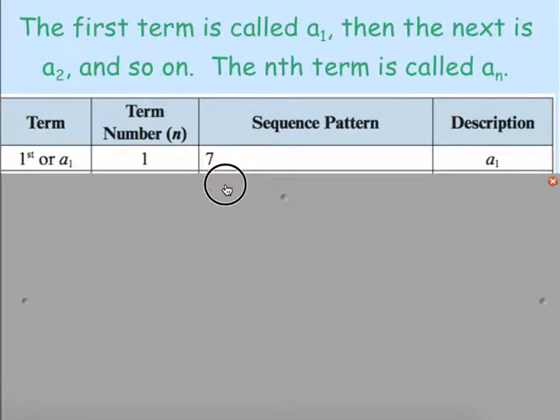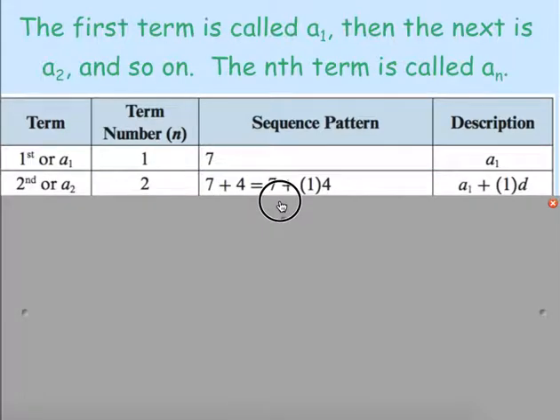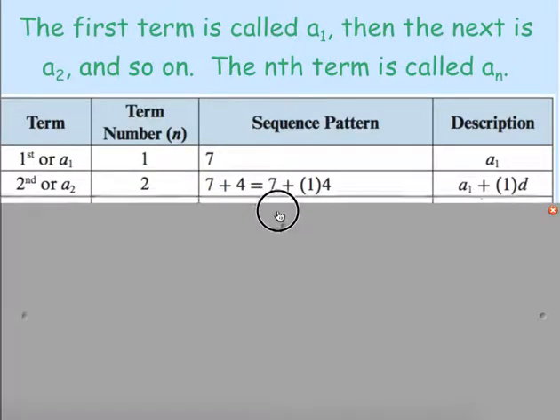So if the first term number is 1, we would say that value is 7, and we just call it a sub 1. For our second term, we add 4. It's a made-up pattern. We're just saying we start with 7 and we add 4 each time. So with our second one, I am adding one 4, my first term plus 1 of our common differences.